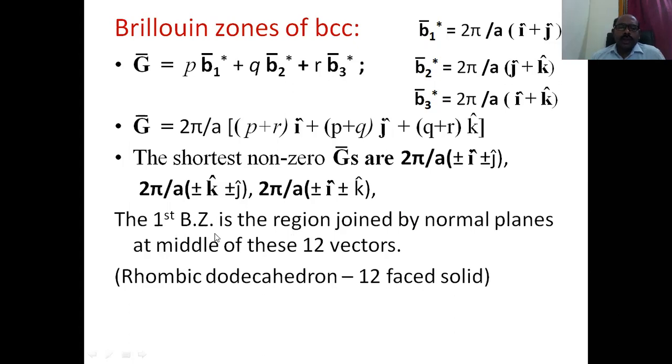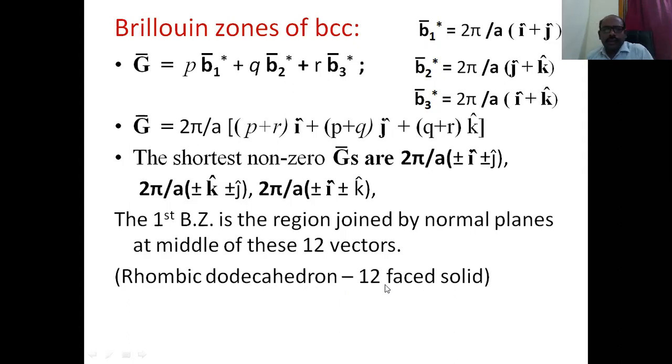So the first Brillouin zone of BCC is the region enclosed by those 12 normal planes drawn at the middle of the 12 vectors. This geometrical shape formed by 12 faces is called a rhombic dodecahedron.